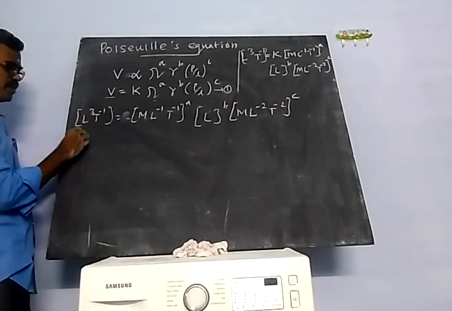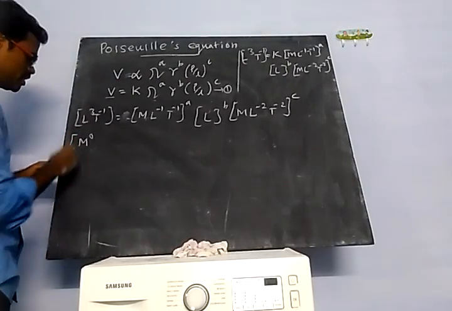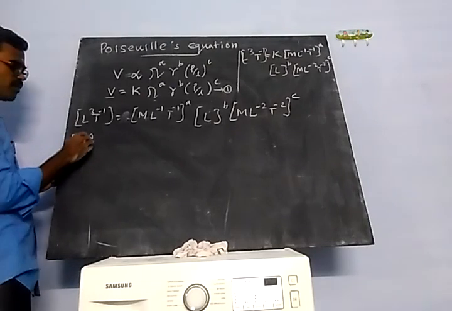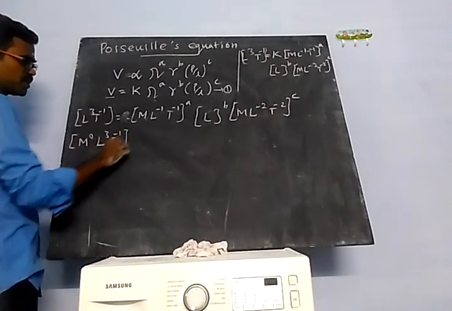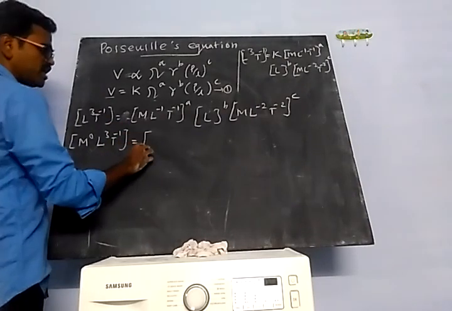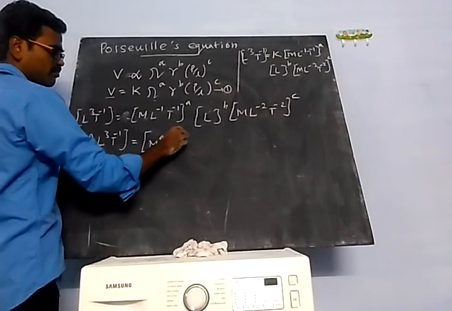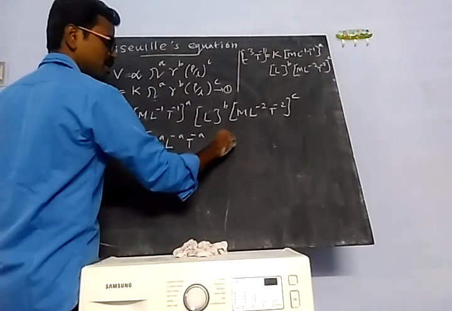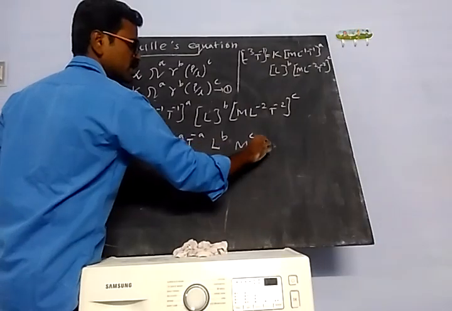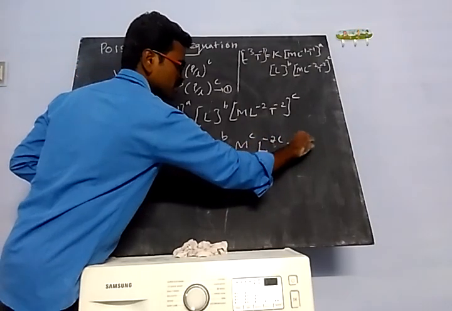So we can modify it as M power 0. Substituting, M power 0, L cubed and T power minus 1 is equal to M power a, L power minus a and T power minus a, L power b, and M power c, L power minus 2c and T power minus 2c.